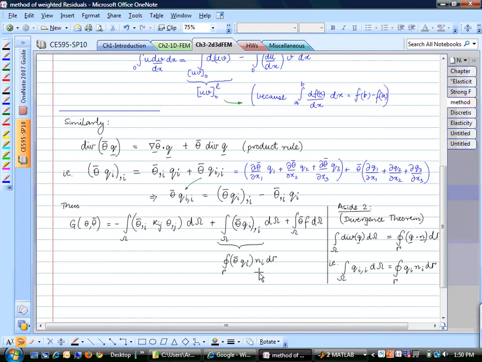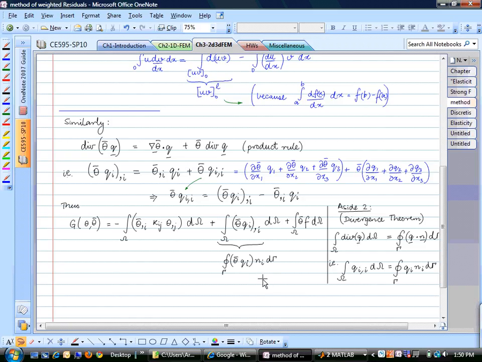But in 2 dimensions and 3 dimensions, we still have an integral to calculate. We just came down from a 2-dimensional integral to a 1-dimensional curve. Or in 3 dimensions, we came down from a 3-dimensional volume integral to a 2-dimensional surface area integral.